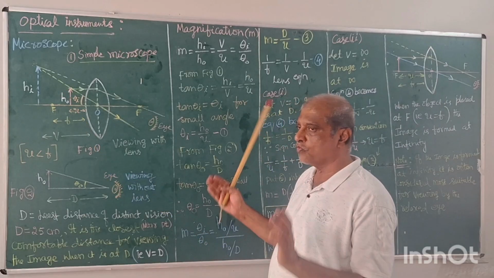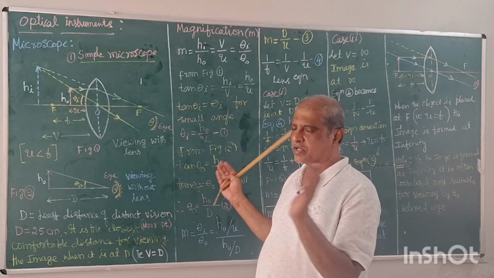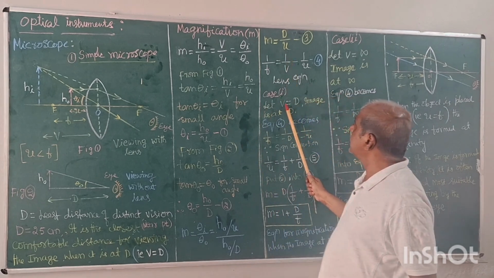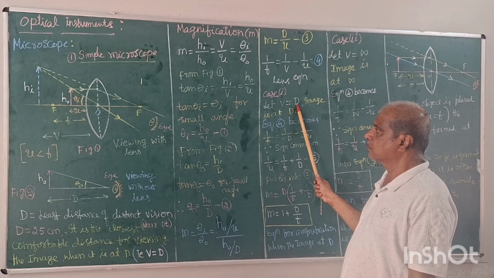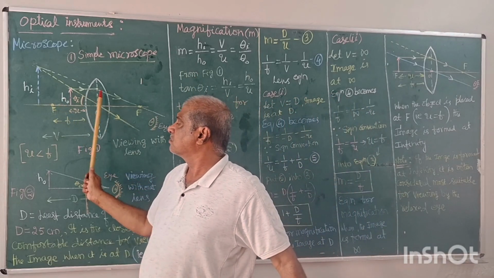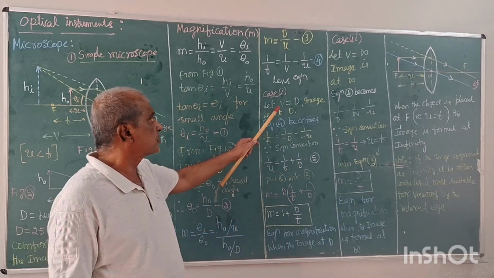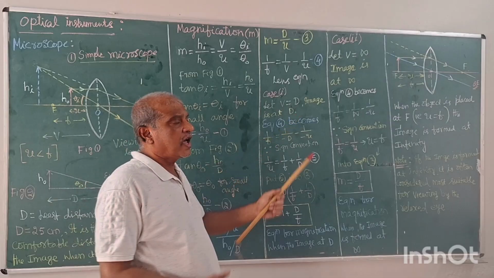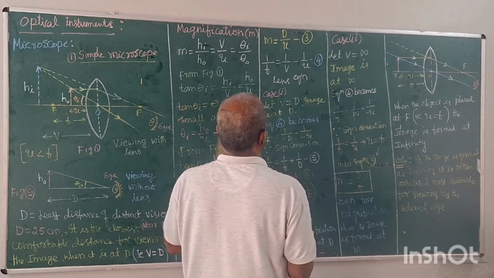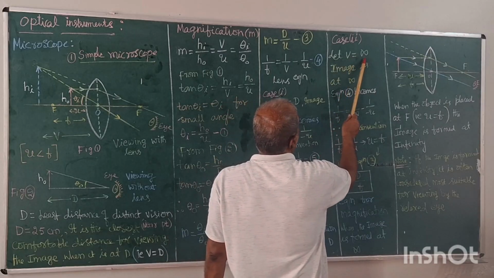There are two limiting values. In between, we can see the image as well. The least value is V equals D, for a comfortable viewing of the image. And the highest value for the comfortable viewing of the image is V equals infinity.